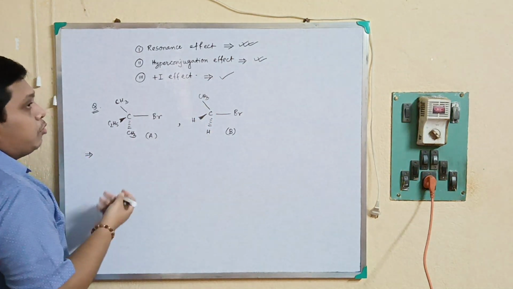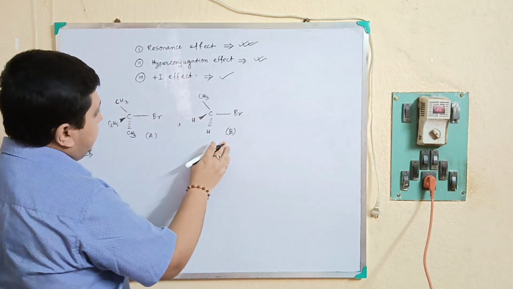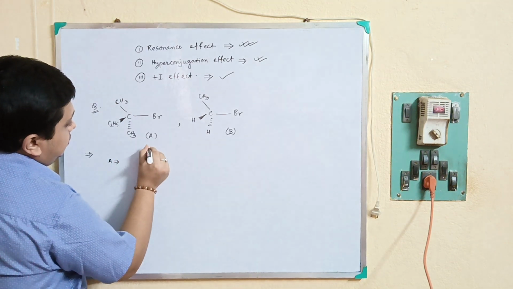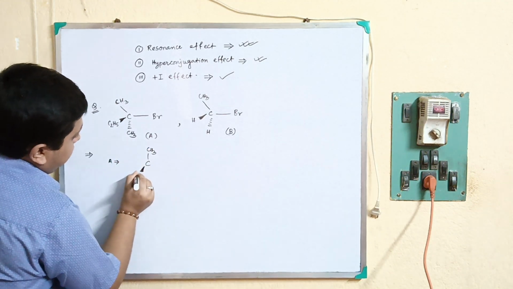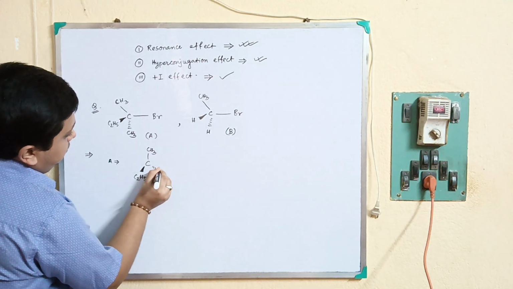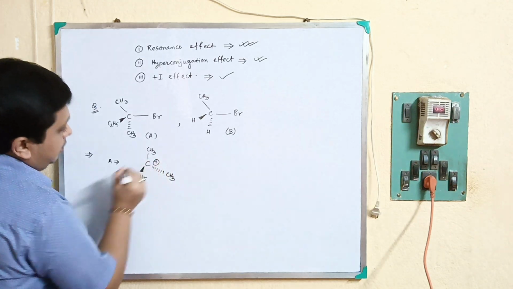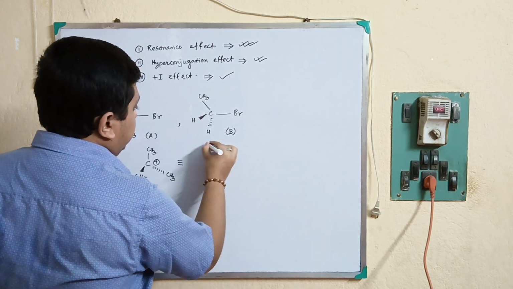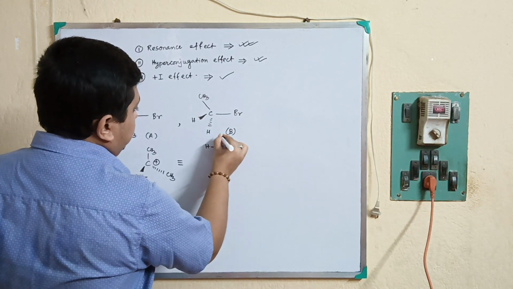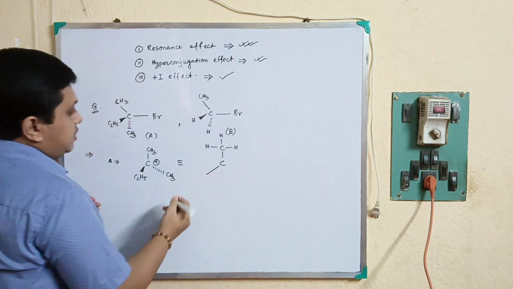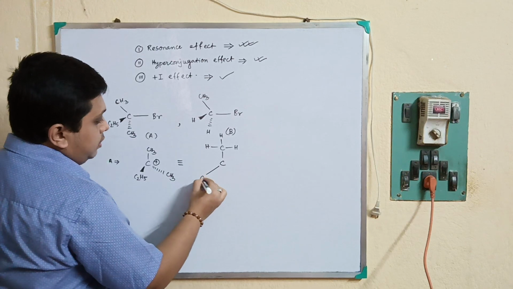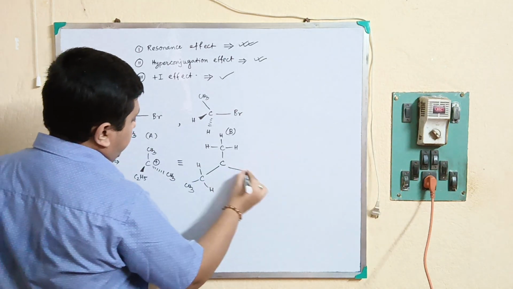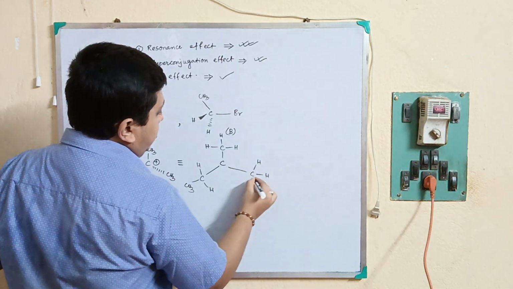Now let's see how much hyperconjugative effect is affecting here and here also. The carbocation formed from A will be like this: CH3, C2H5, CH3, plus. Now if we draw the structure clearly, then we can see C, H, H, H. Now let's suppose it is drawn in Fischer projection, C, H, H, then CH3, again carbon with 3 hydrogens.